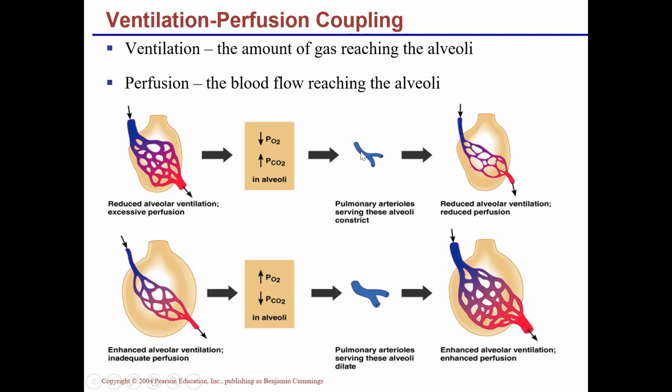Then what's going to happen to the blood vessels? You see, the capillaries are constricted to minimize blood coming to this area, so as to reduce the perfusion, the blood flow to this area.